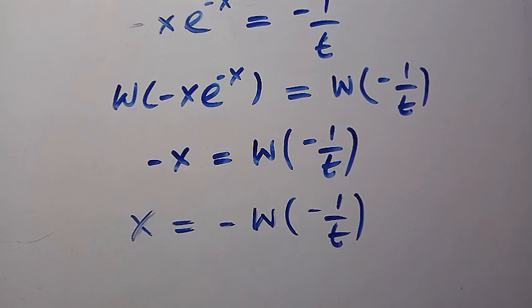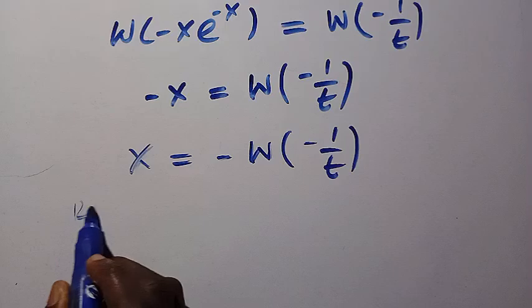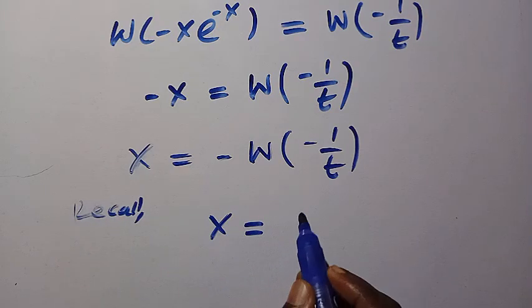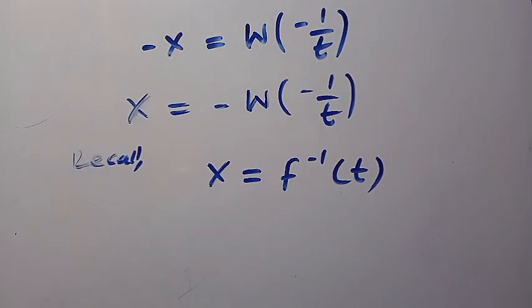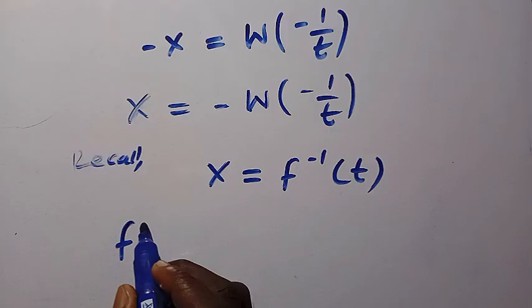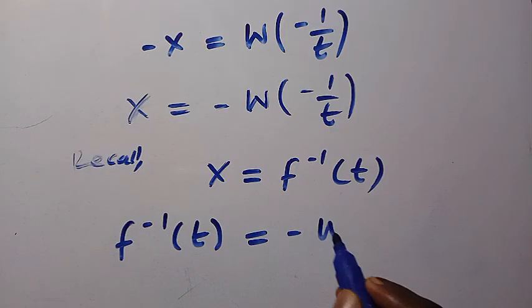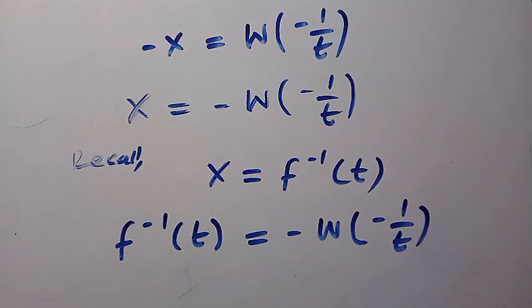But what is now f inverse of x? Recall that we have already let x equal f inverse of t. Replacing x here with f inverse of t, we are going to have f inverse of t equals minus omega of minus 1 divided by t.